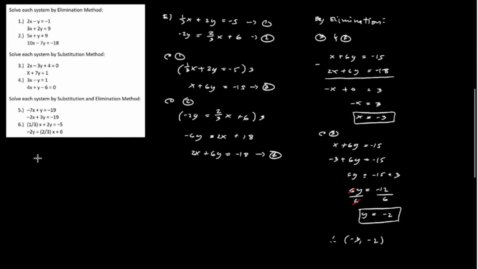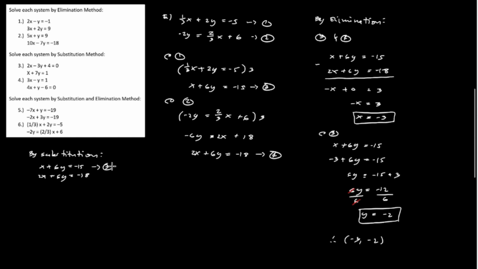By using the substitution method, we copy first equations 3 and 4. x plus 6y is equal to negative 15, and 2x plus 6y is equal to negative 18.